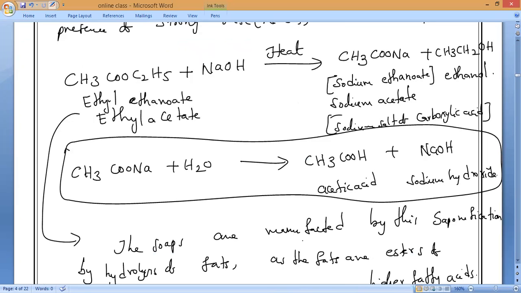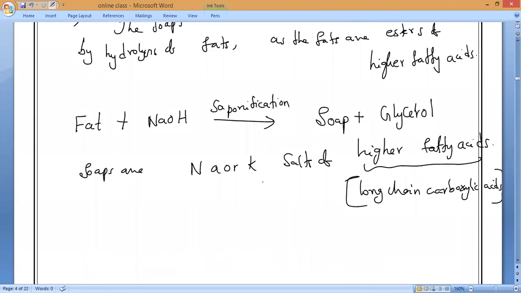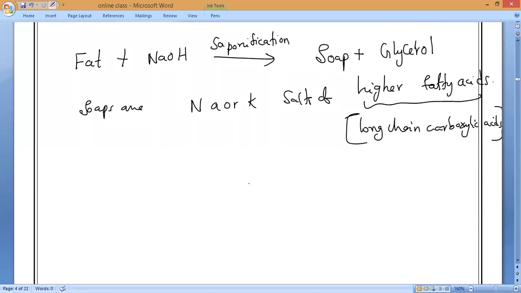So these are the properties of ethanoic acid, or acetic acid. Soaps are the salts of sodium or potassium with higher long chain carboxylic acids or fatty acids.